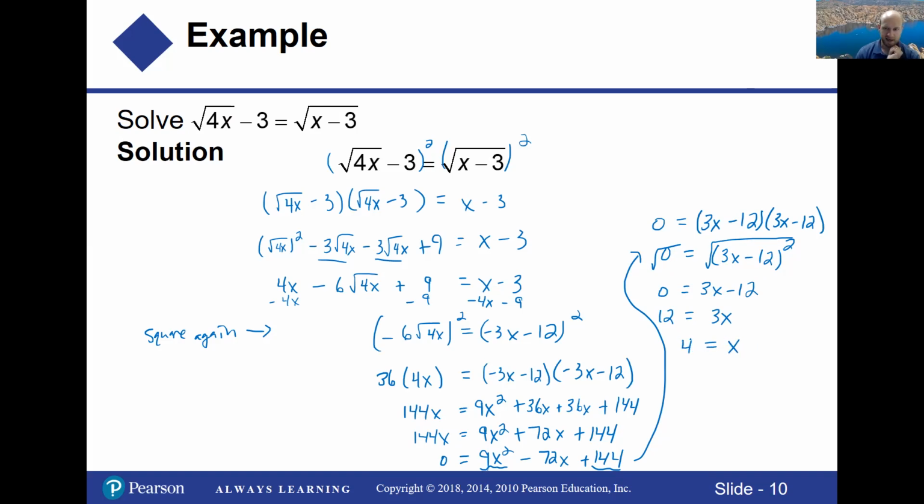And then again, you do have to check this, and let me check my notes. Actually, I did not give myself room here to check, so I'm going to check all the way up here. So let's check. Let's substitute the 4 into the original equation. So 4 times, that's a square root, sorry.